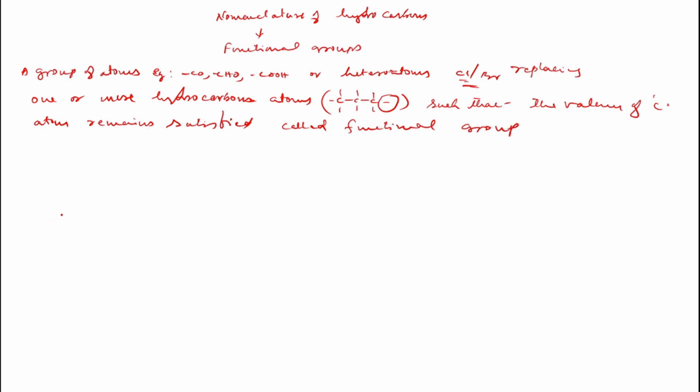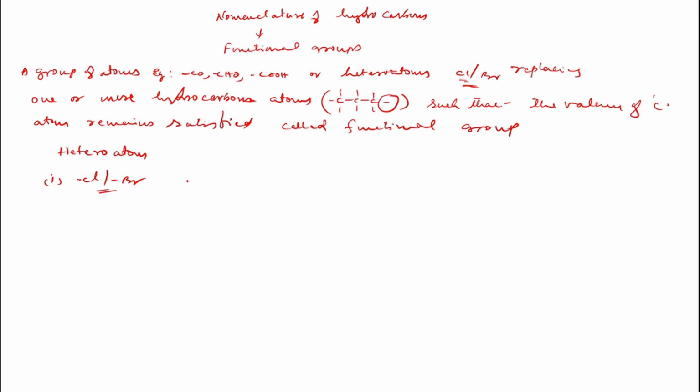Now one by one we will see. Heteroatom we will see. In this, chlorine or bromine. Whenever you see the functional group, you have to put one dash mark in front of the heteroatom.